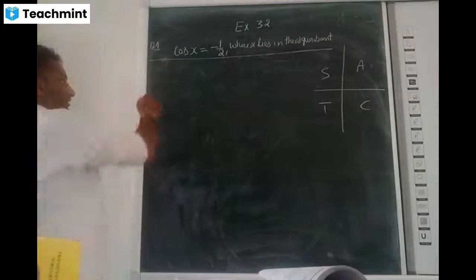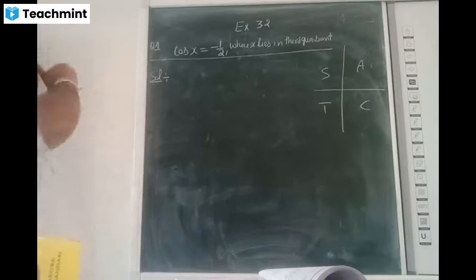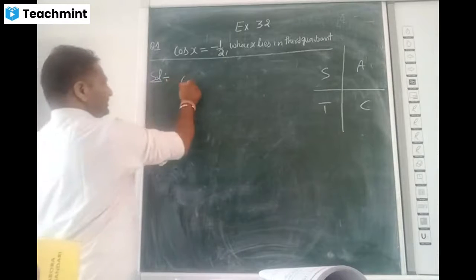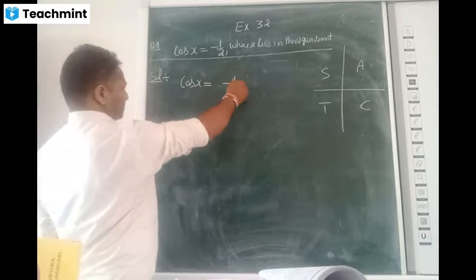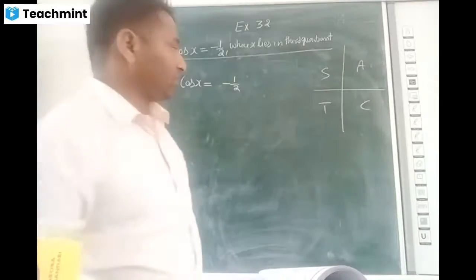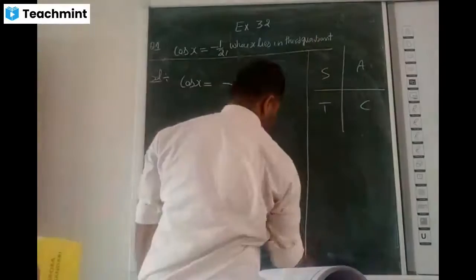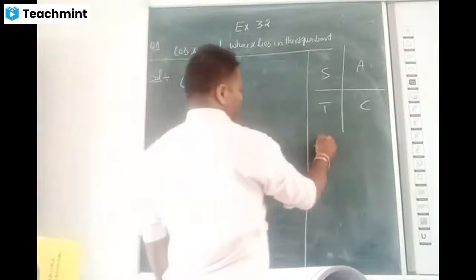So here the solution: as we know, cos x is given as -1 upon 2, and we have to find the value of all the trigonometric ratios, which means what are those?